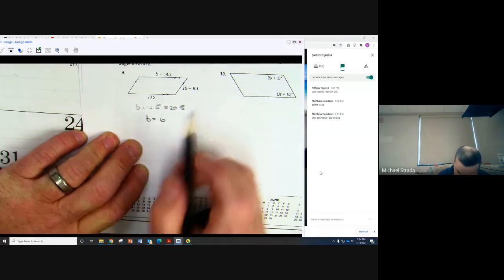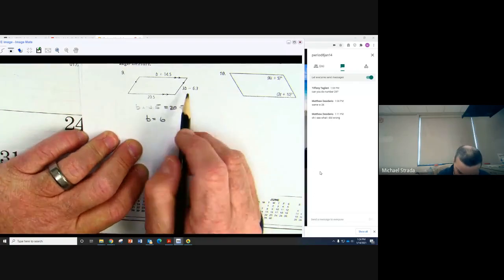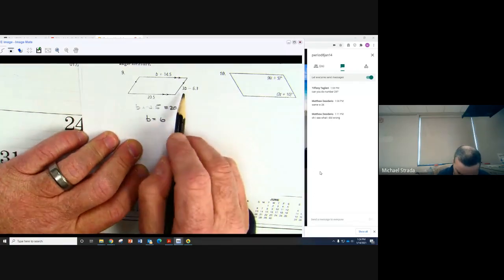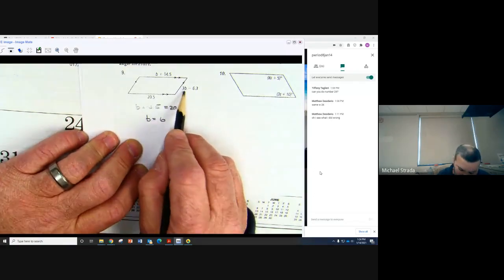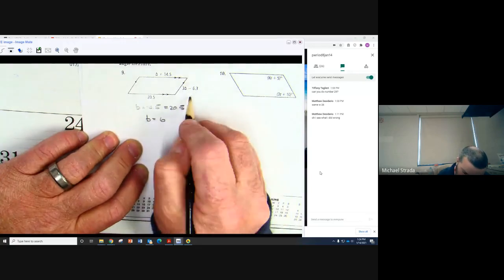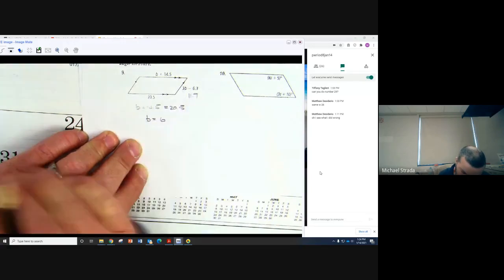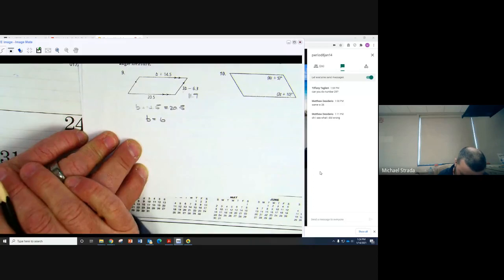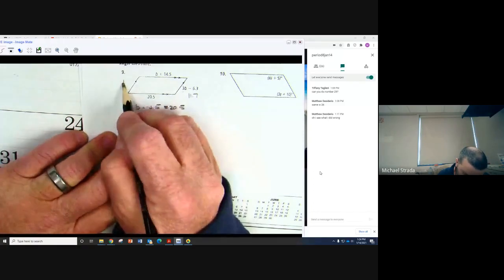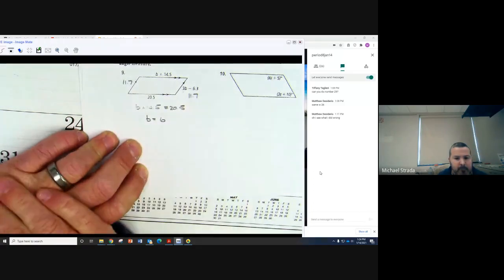If I plug it in over here, it's the same value of B. So 3 times 6 is 18. 18 minus 6.3 is 11.7. If that side's 11.7, then that side would also be 11.7.